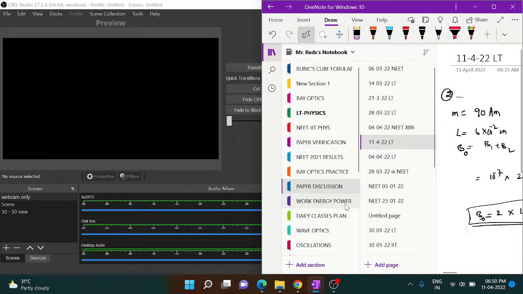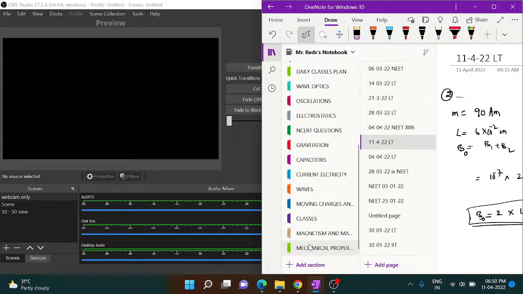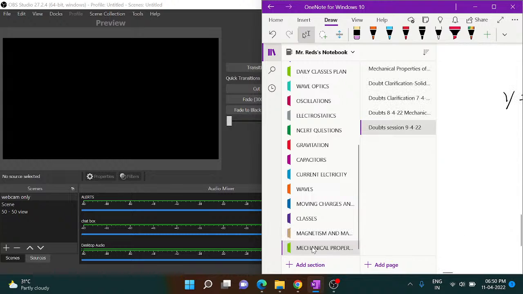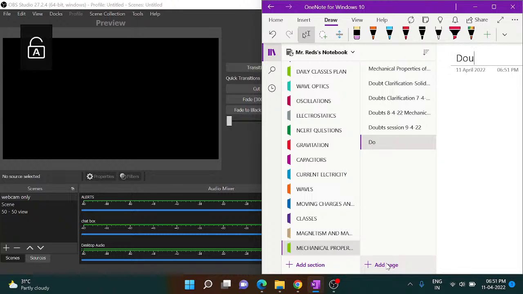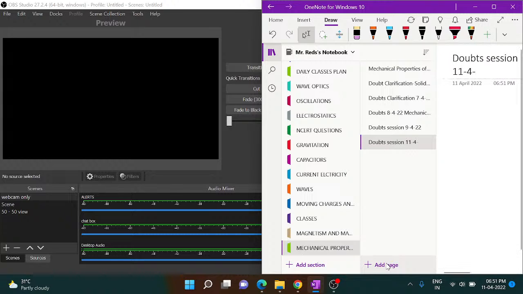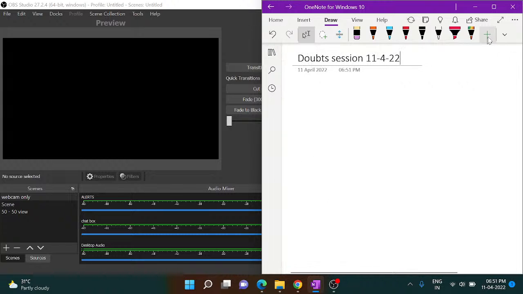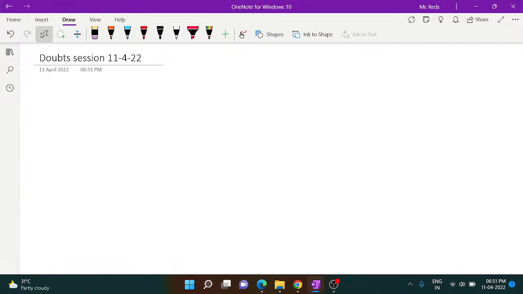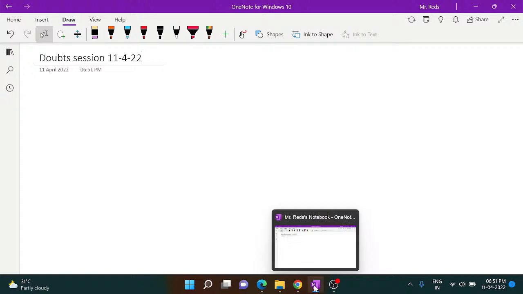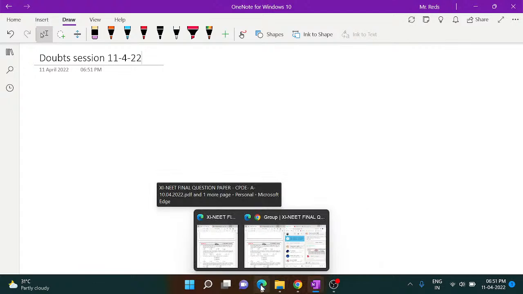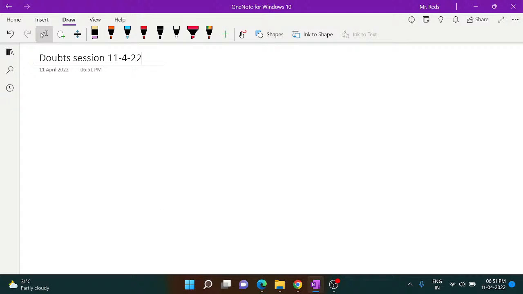Mechanical properties, right? Right. So this is the question. Question number 208. Give me the question, please.